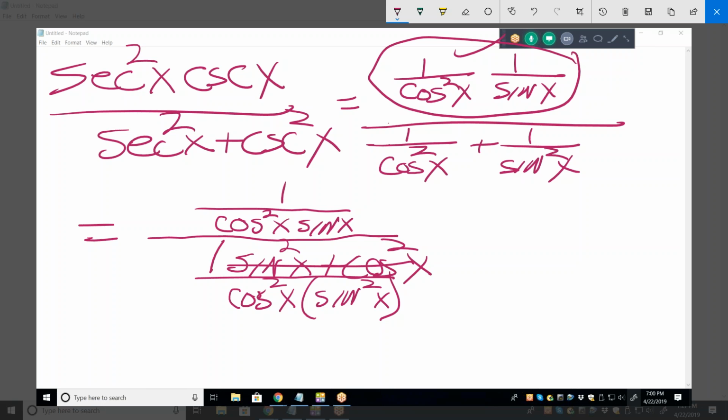So you flip and multiply, then you have cosines. Oh, you just have 1. That's what you have right there. Oh, yeah, I forgot we don't have an exponent on the cosine. Flip and multiply, the cosines cancel. You get sine squared over sine. That's equal to sine.